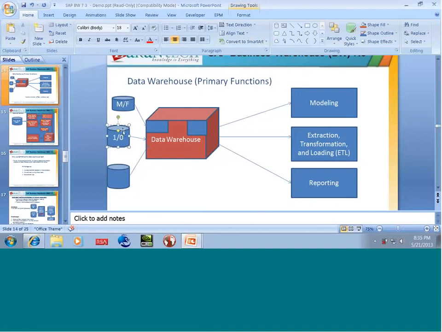So when we bring in information from several different sources, we are not guaranteed that all the required information are in the same format or in the same functionality. We don't know that for sure. So every organization has to go through some kind of transformation. Transformation is nothing but applying business conditions on the data that is being pulled from a source system.